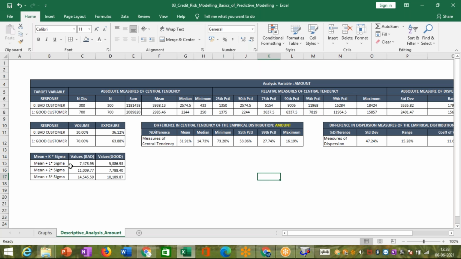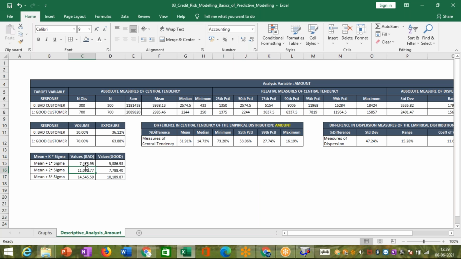Right. So for the bad distribution, the plus minus 1 sigma value is 7473. So this is anywhere between the 75th and the 90th percentile, so let's say the 80th percentile or something of that type.